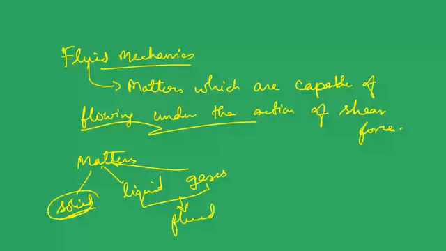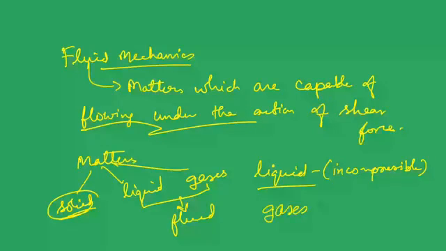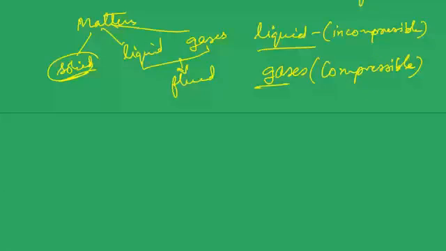So in case of fluid, the liquid is incompressible since we cannot compress it, whereas if you see gases, it is compressible since it can be compressed under the pressure.